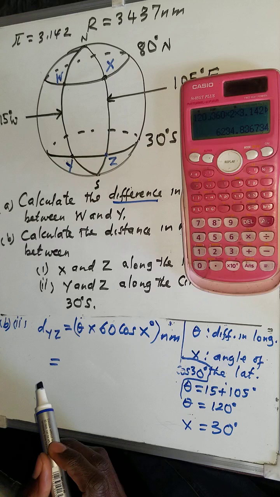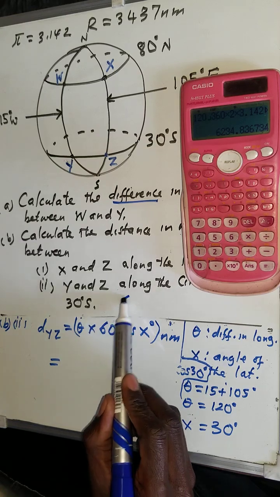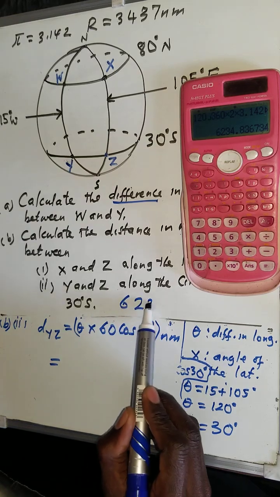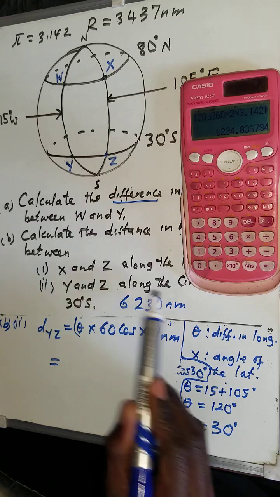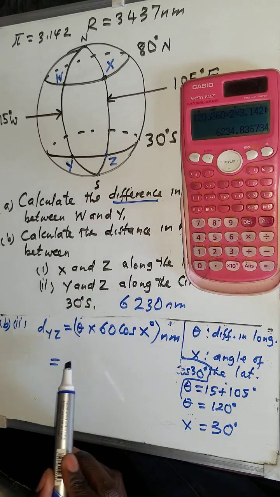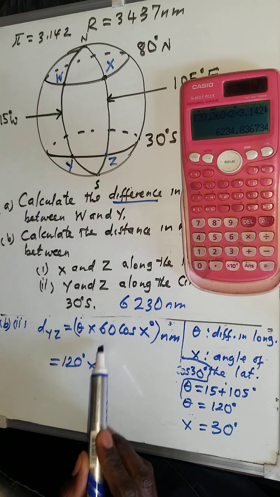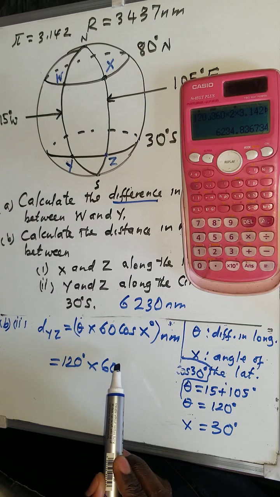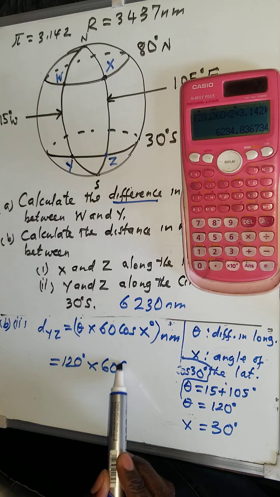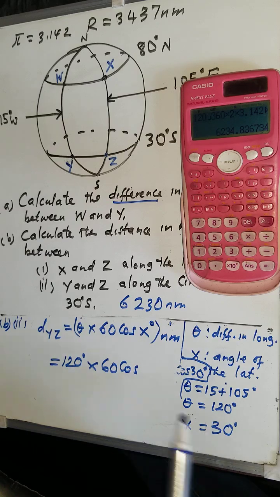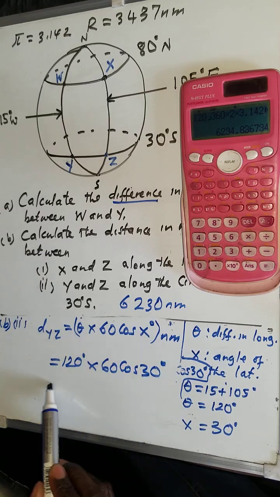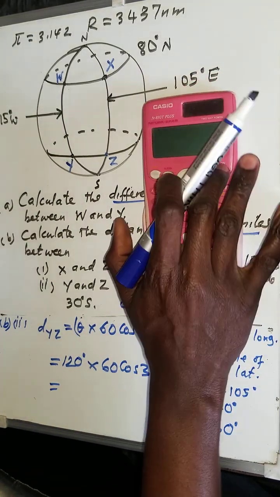Let's see if we are going to get that value. Remember, the value we got was 6,230 nautical miles. So let's try to see. So what is my theta? It is 120. That is what we found. Multiplied by 60. Multiply by cos x, where x is the latitude, which is 30 degrees. So you can work out that on the calculator.